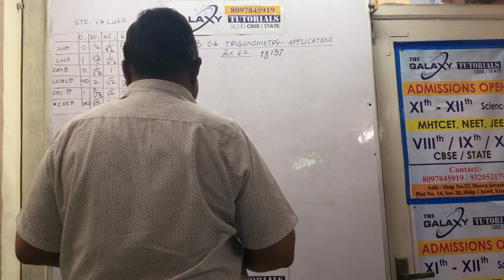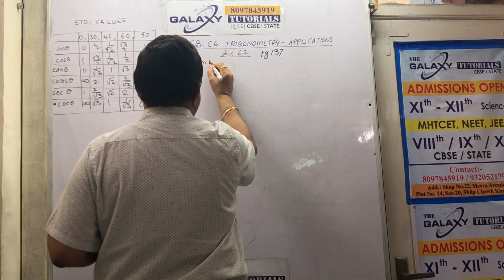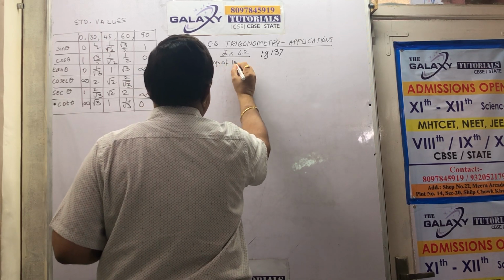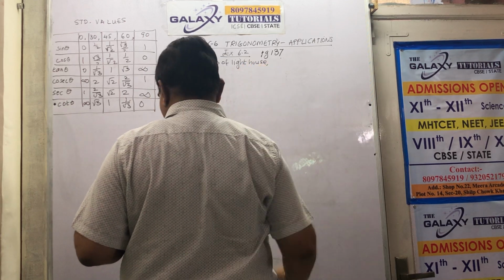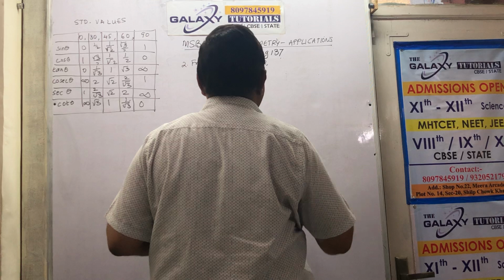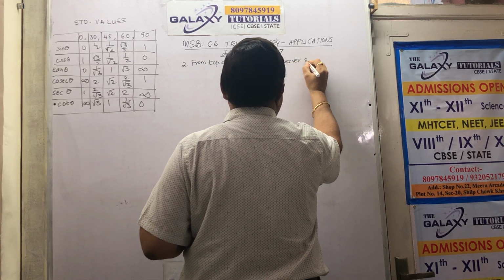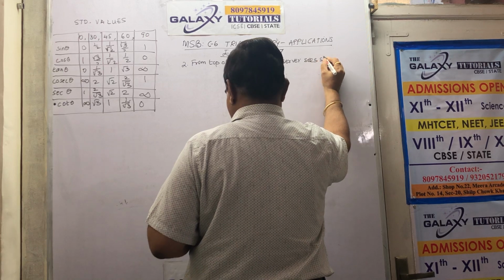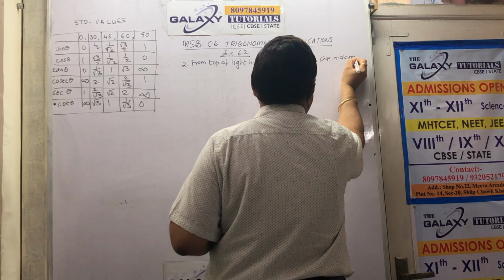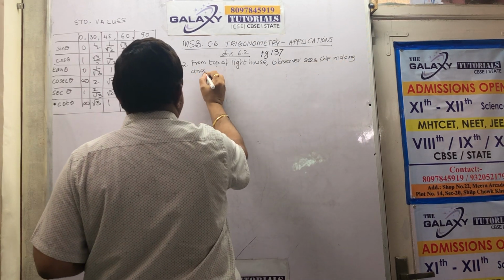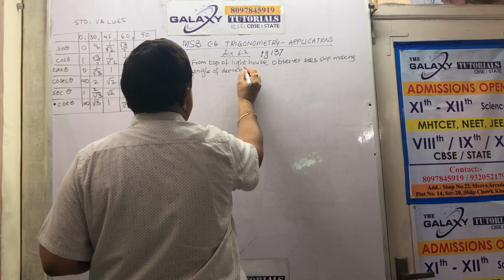Sum number 2. From the top of a lighthouse, an observer looking at a ship sees the ship making an angle of depression of 60 degrees.